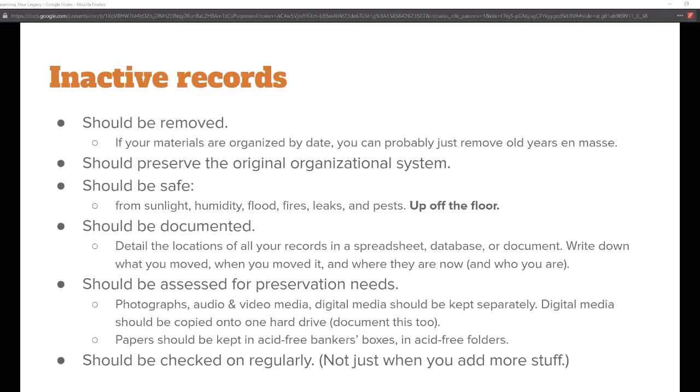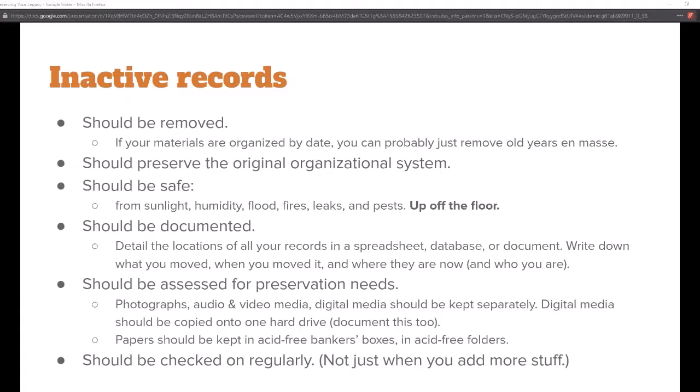If you have stuff organized by date, it's really easy because then you can say, well, it's been 5 years, so I'm going to remove the stuff from 5 years ago. It's this drawer right here. That's great. Once these things are removed, they should preserve the original organizational system. Unless things are totally chaotic, there's no sense in organizing stuff now. Again, when you take them away, you have to keep them safe and up off the floor.